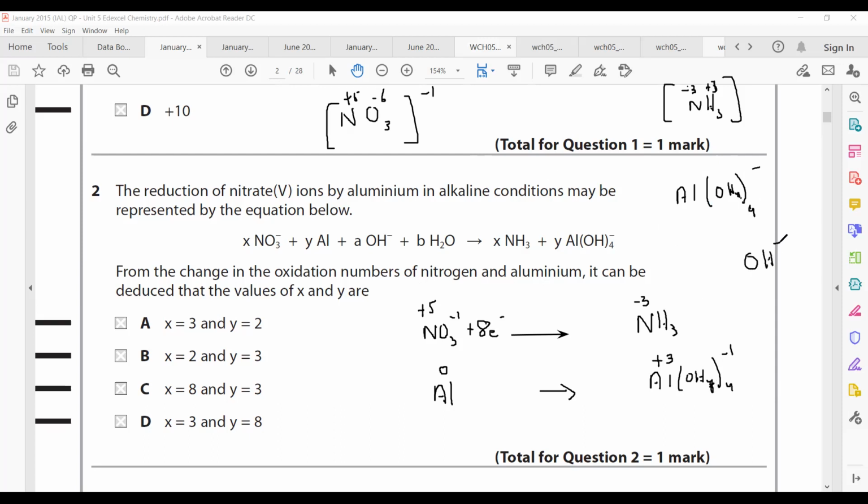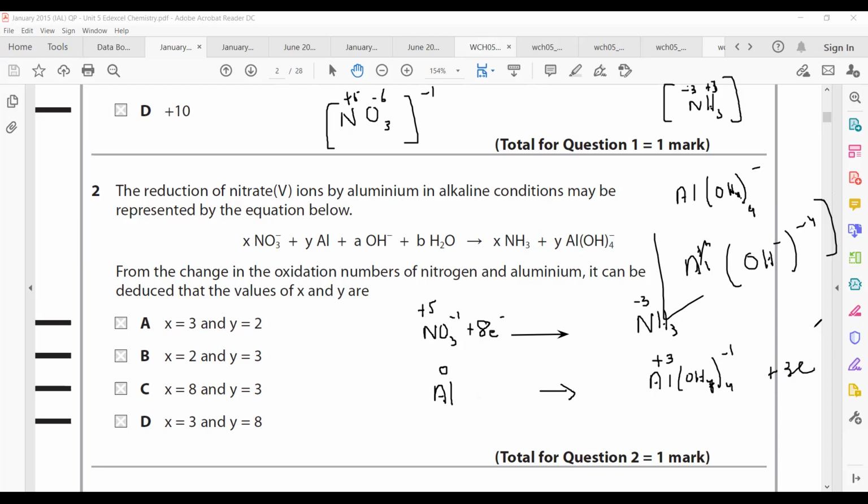Hydroxide is -1, and there are 4 hydroxide ions, so this will be -4. So aluminium should be +3 to have the overall charge of -1. So aluminium changes from 0 to +3, which means it should lose 3 electrons.